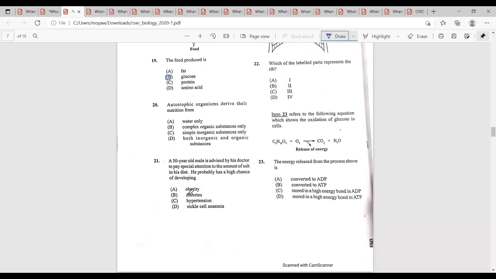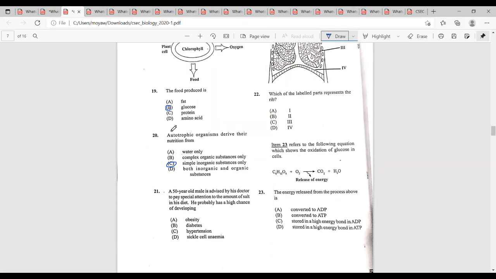Autotrophic organisms derive their nutrition from, so we have A, water only, B, complex organic substance only, C, simple inorganic substance only, D, both inorganic and organic substances. So the best option here is C, simple inorganic substances.